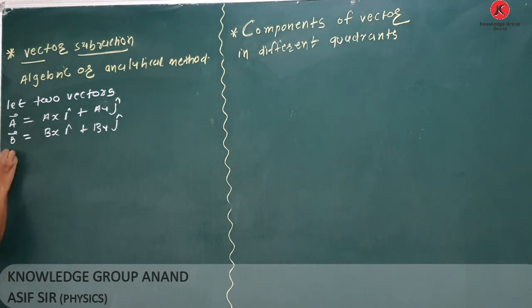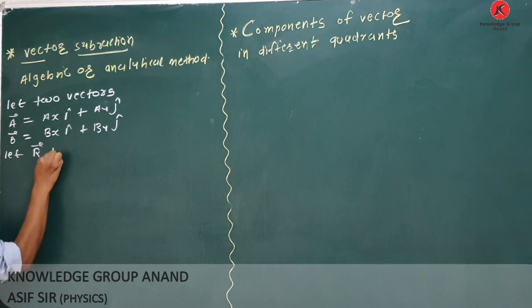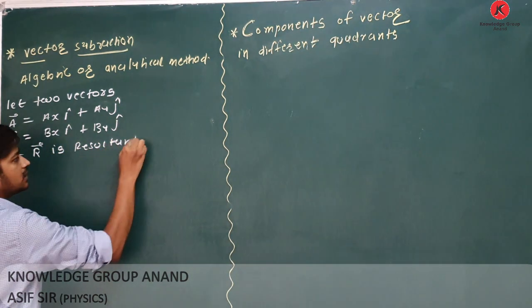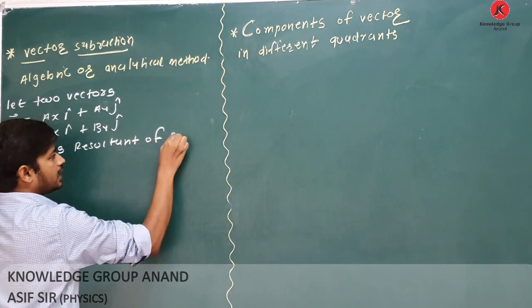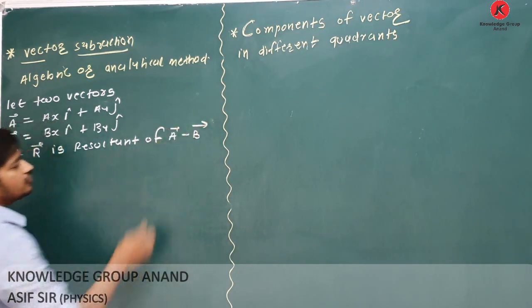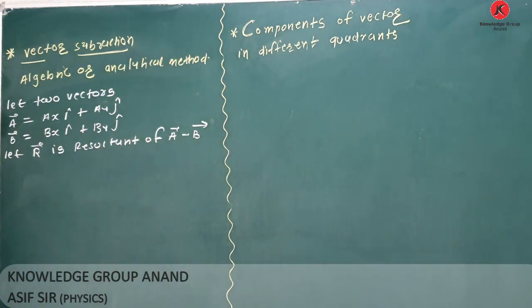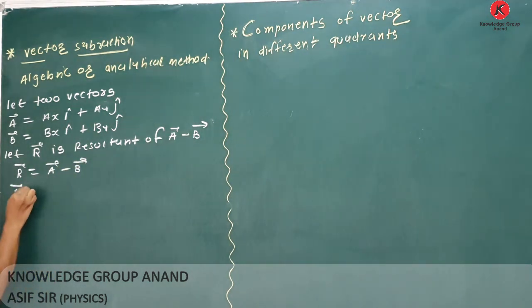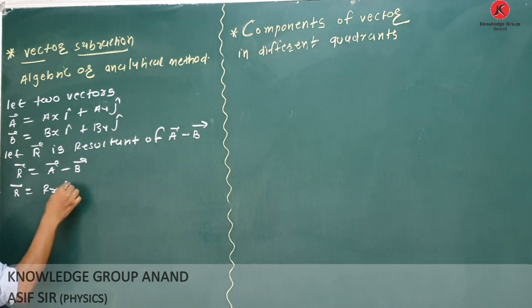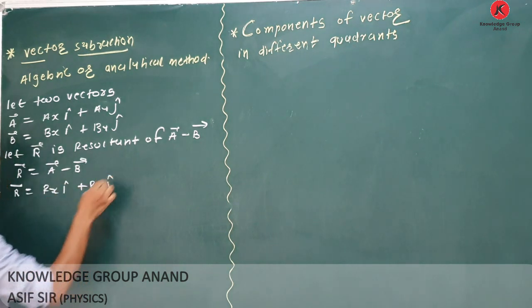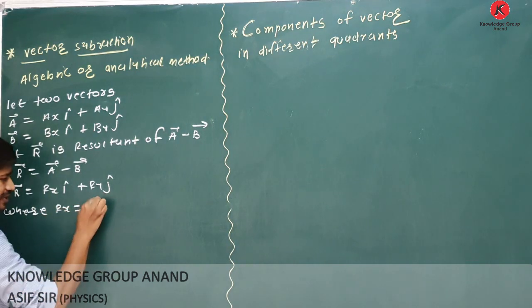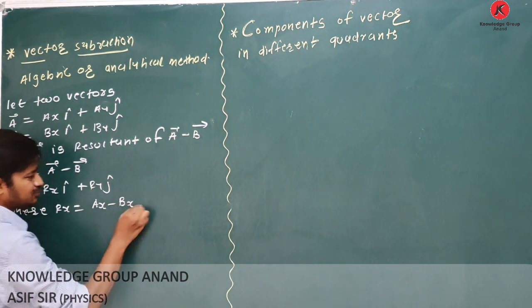So we assume that R is the resultant of A minus B. Then R is equal to A minus B. I can write this as R is equal to Rx i plus Ry j, where Rx is equal to Ax minus Bx.